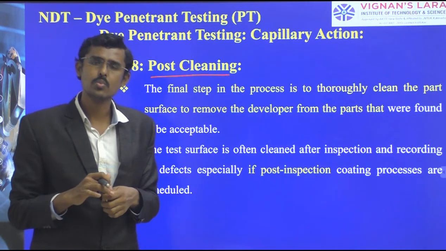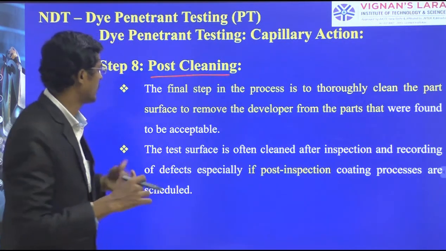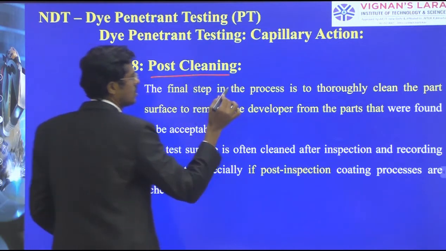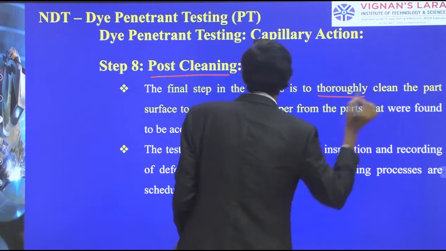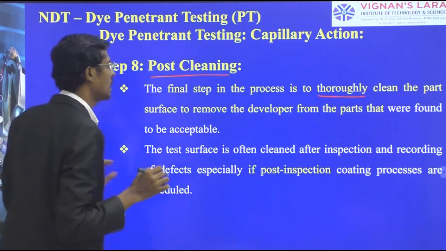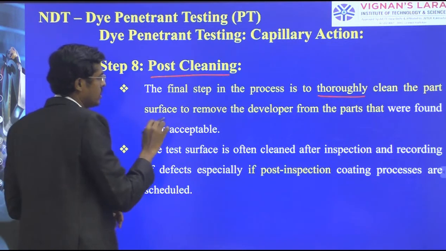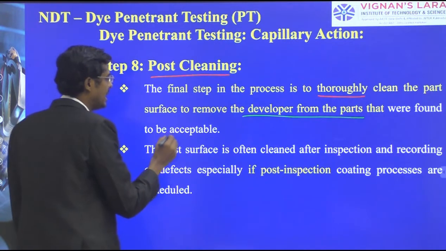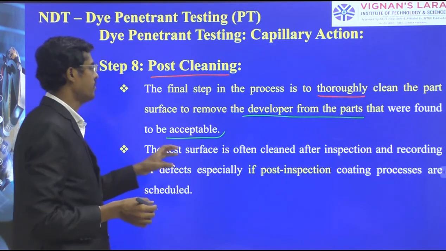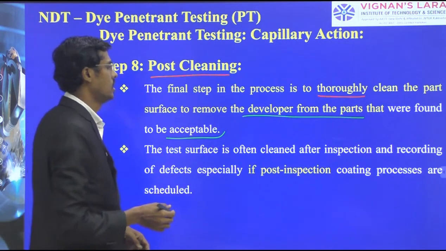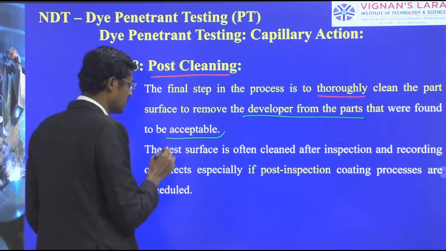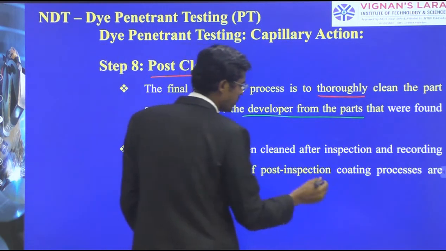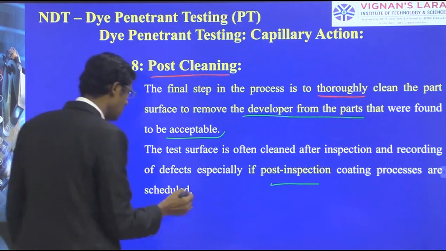To avoid that, we want to do the cleaning process. The final step in the process is to thoroughly clean the part surfaces to remove the developer from the parts that were found to be acceptable. The test surface is often cleaned after inspection and recording of defects, especially if post-inspection coating processes are scheduled.